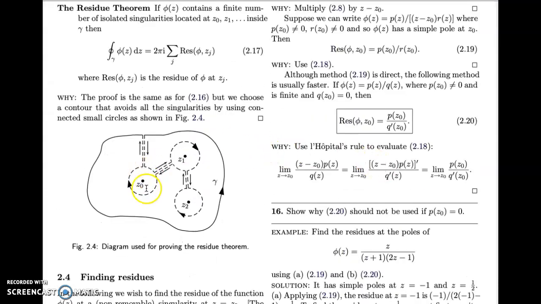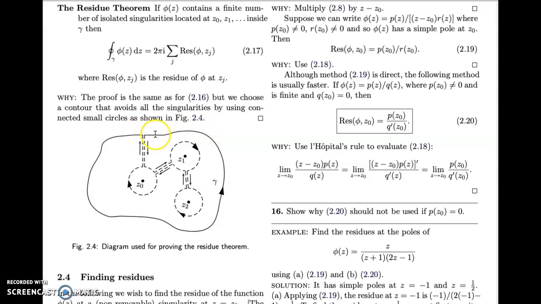Basically, if these are your singularities at z0, z1, and z2, then you can choose this path, which is itself a simple closed loop. So the integral around this dotted line and this solid line here is going to be 0.